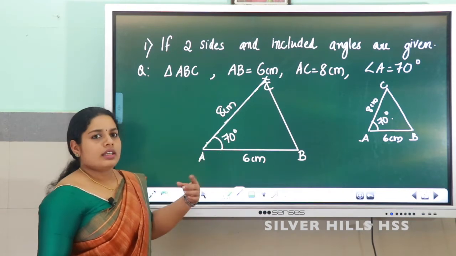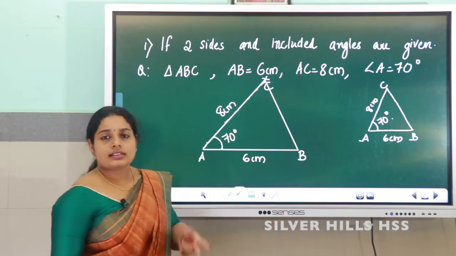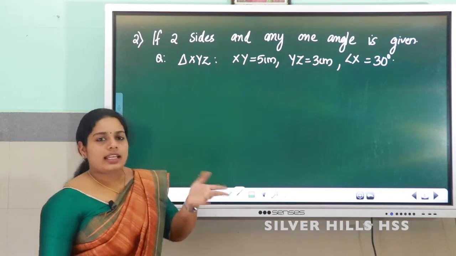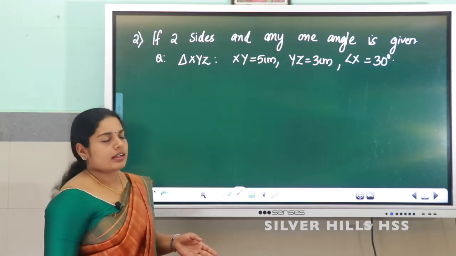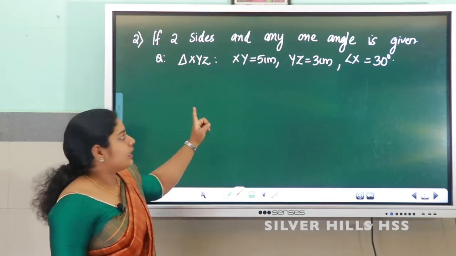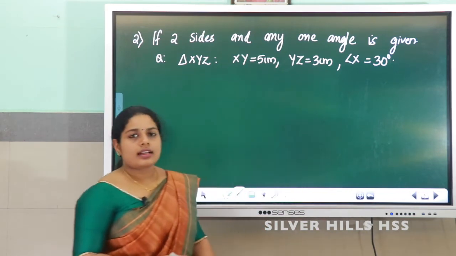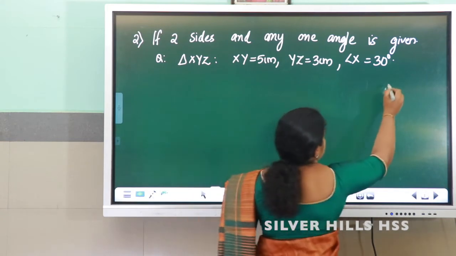Now suppose the included angle is not given, and some other angle is given. That is the second case, two sides and any one angle are given. It may not be the included angle. Here we have triangle XYZ. XY equal to 5, YZ equal to 3, angle X is equal to 30. So we are going to draw a rough figure XYZ.